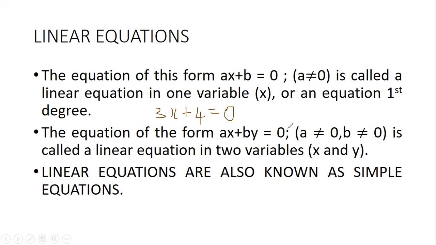This is a linear equation. Why is it called a linear equation? Because the power of x here is 1. Okay, if nothing is written, then the power of x is 1. So that is why it is called a linear equation. I hope you are able to understand.